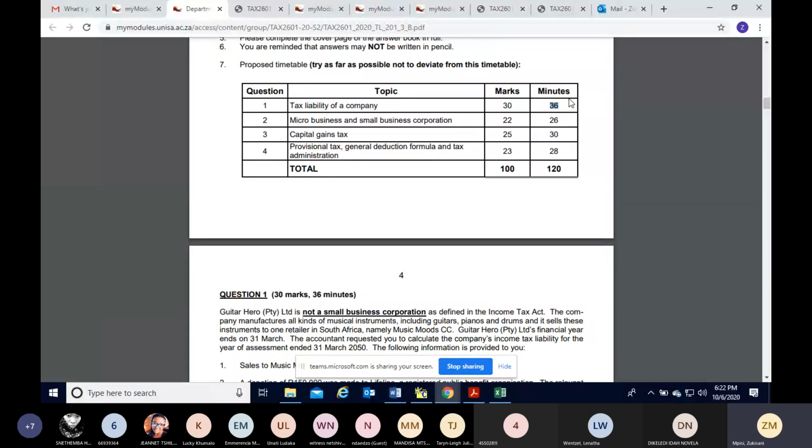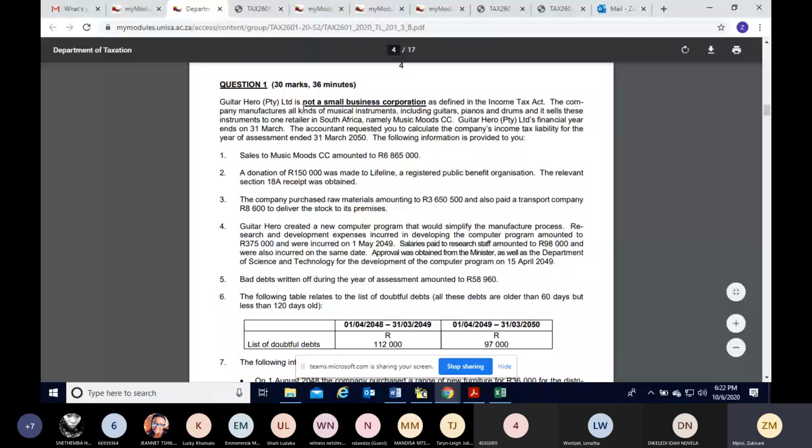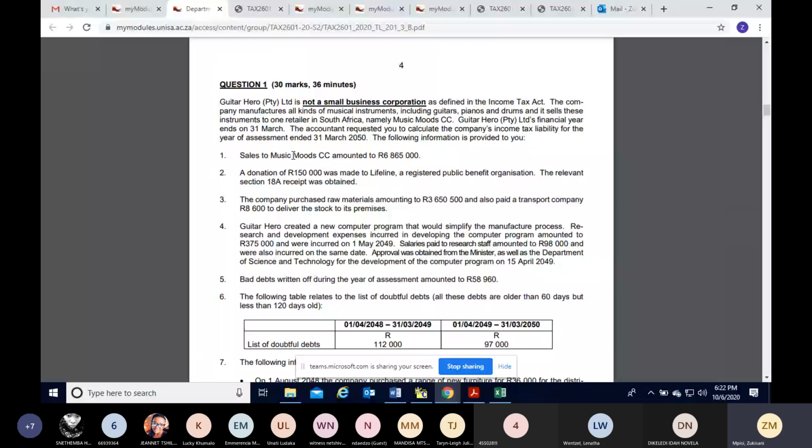So you will find in these questions, the most important things that you need to know are highlighted or underlined. For example, for every question that you read in the exam, you need to know what kind of taxpayer am I dealing with? Is it a small business corporation?